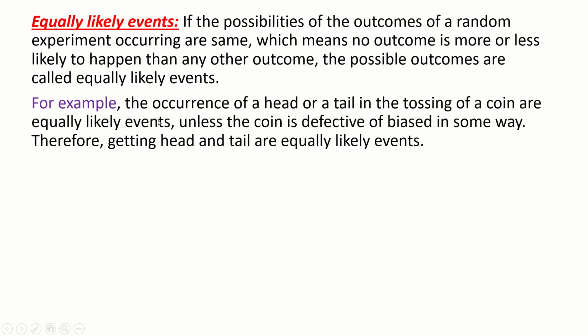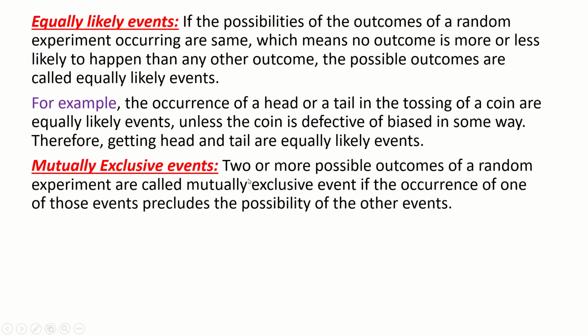For example, the occurrence of a head or a tail in the tossing of a coin are equally likely events, unless the coin is defective or biased in some way. Therefore, getting head and tail are equally likely events. Clear?